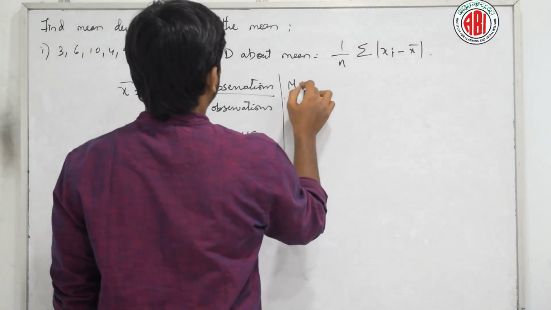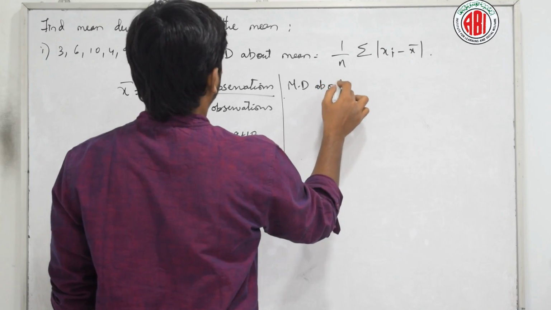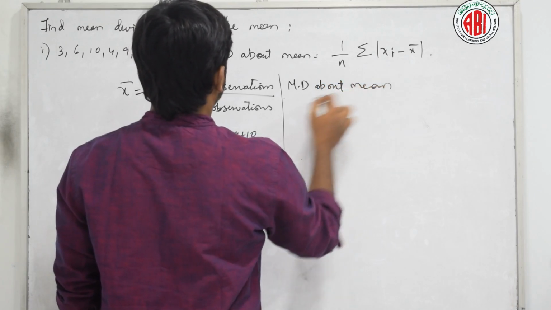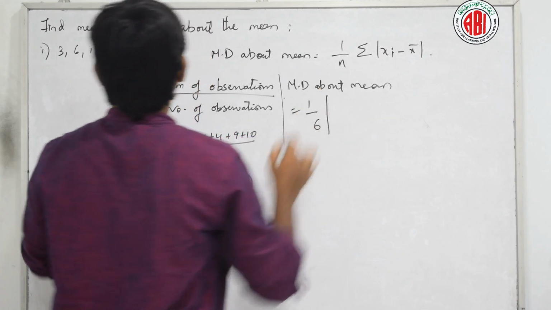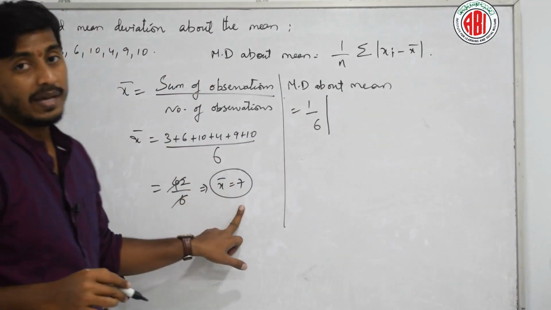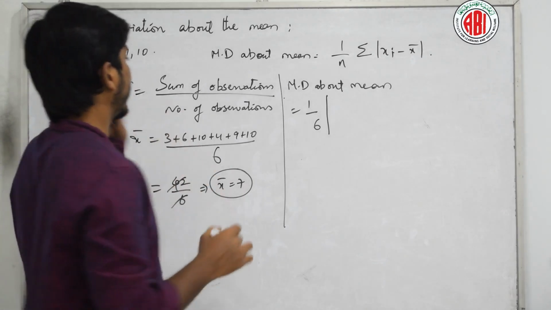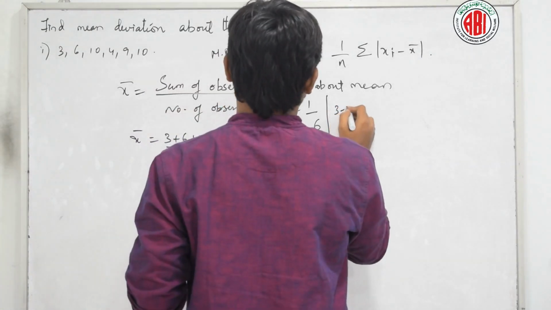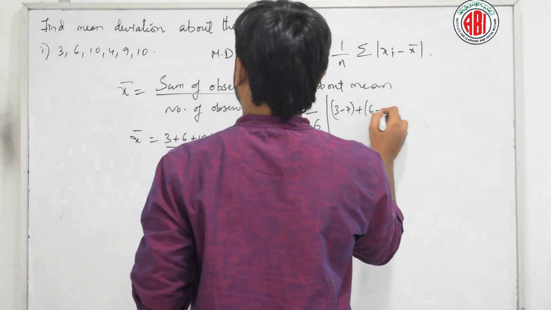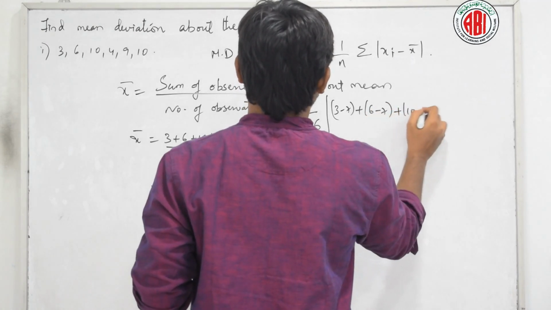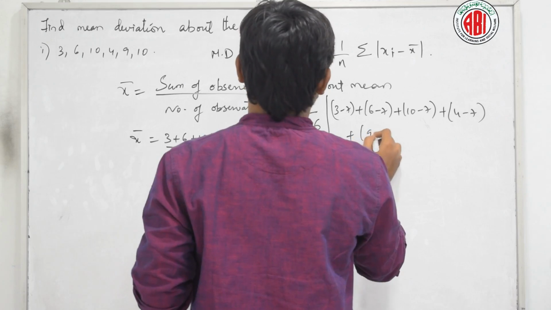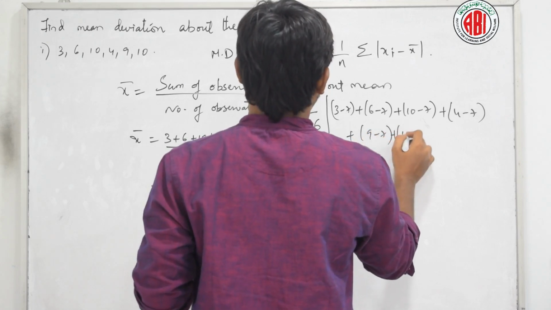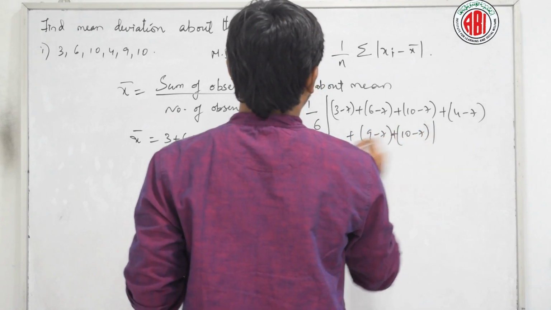The mean deviation about mean is given by 1 by 6 into 3 minus 7 plus 6 minus 7 plus 10 minus 7 plus 4 minus 7 plus 9 minus 7 plus 10 minus 7.